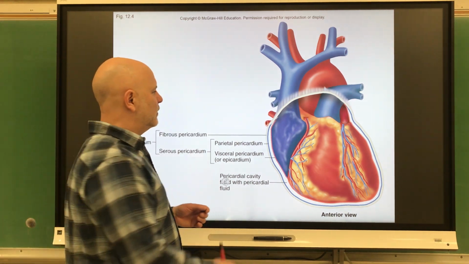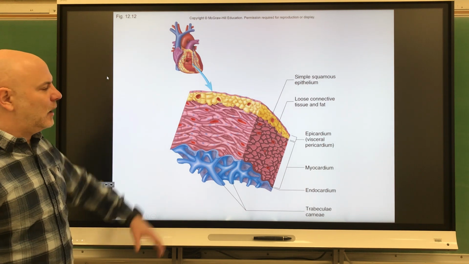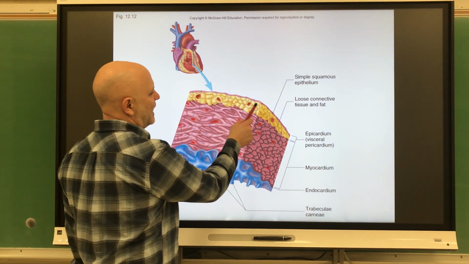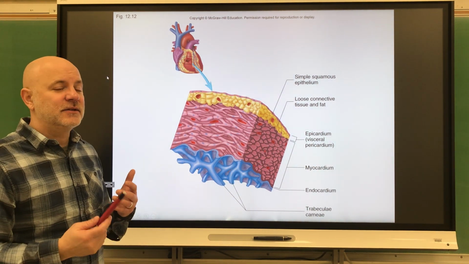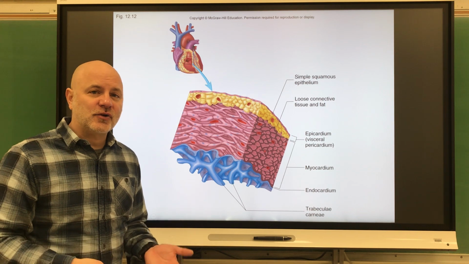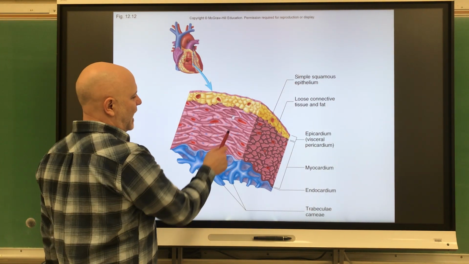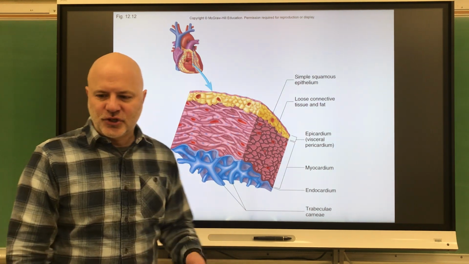All right, let's take a look at the layers of the heart. So this is looking at the wall of the heart here. And the outermost layer is known as the epicardium. The epicardium is also the visceral pericardium, so it's the same layer. Underneath that is the myocardium. This is the myocardium here. It is made of cardiac muscle tissue.